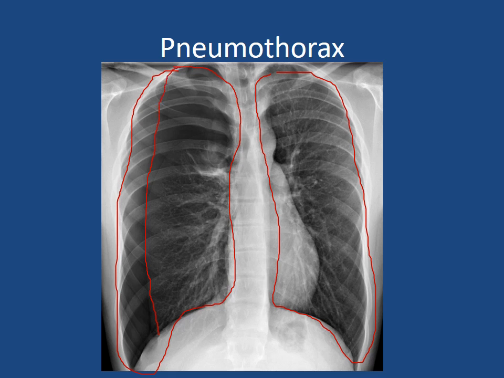So when you look at this image, you can see blood vessels within the lung here, but where the lung edge has collapsed away from the chest wall, if you look beyond that line, then you don't see any more lung markings. That's because that is just air in the pleural cavity that's pushed the edge of that lung away from the chest wall. And so it's just air in this part here. But you can still see blood vessels in the lung where it started to collapse away.